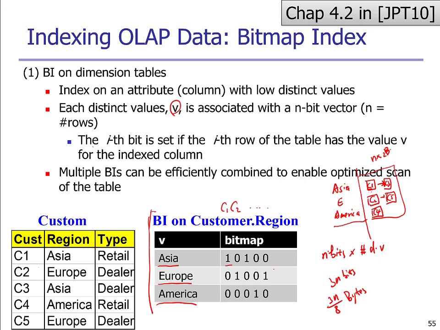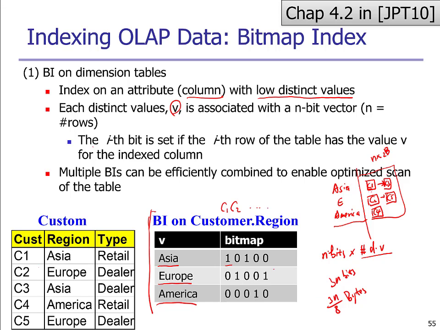That's also why we want this column to have low distinct values. If you do the math, you would see that when the number of distinct values grows, the space cost of this bitmap index will eventually be more than that of the hash table, right?